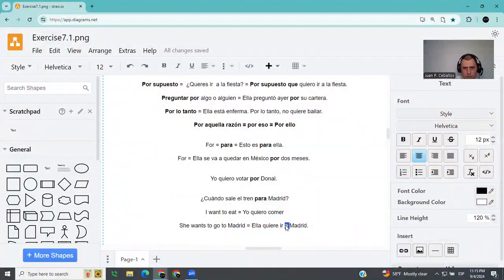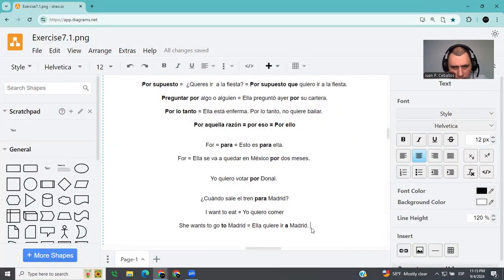So to in English can be used to indicate movement from one place to another one. If it indicates movement, it translates as a. Okay.